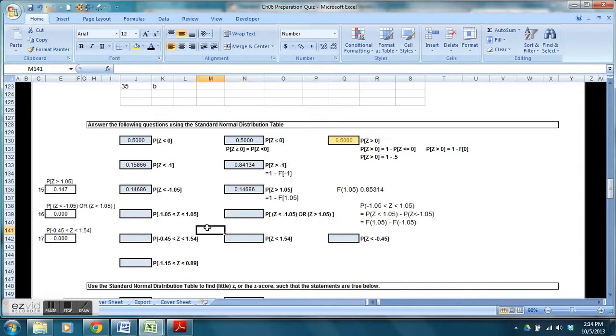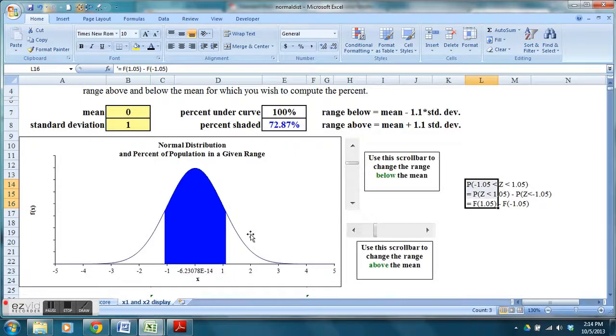So, moving on down here. The probability that z is greater than negative 1.05 and less than 1.05. Back to this graph. That means we're interested in this middle region right here. That's what we're looking for.